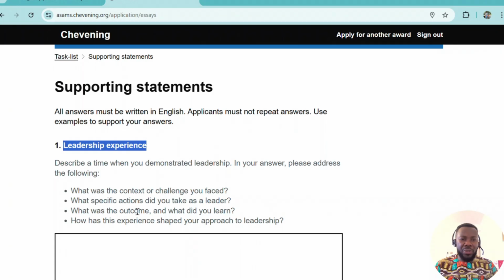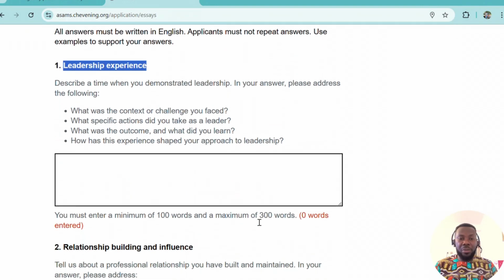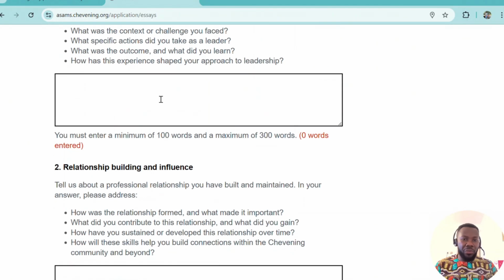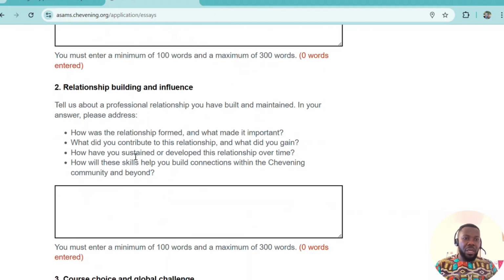What was the outcome? And what did you learn? How has this experience shaped your approach to leadership? You have to answer them with maximum 300 words and minimum of 100 words. So you have to type until you get within this range, and you cannot exceed it, or you cannot submit less than 100.